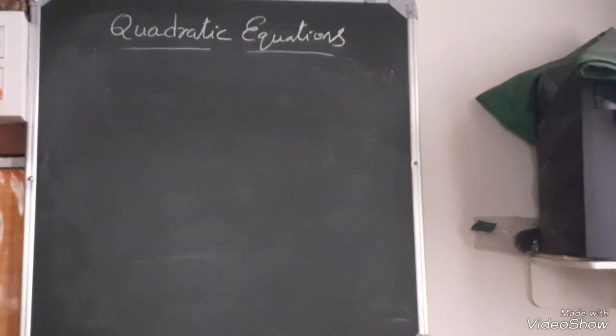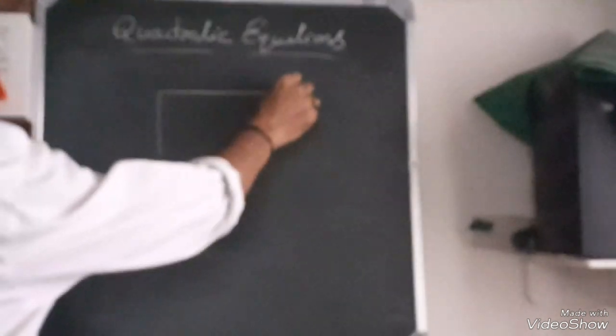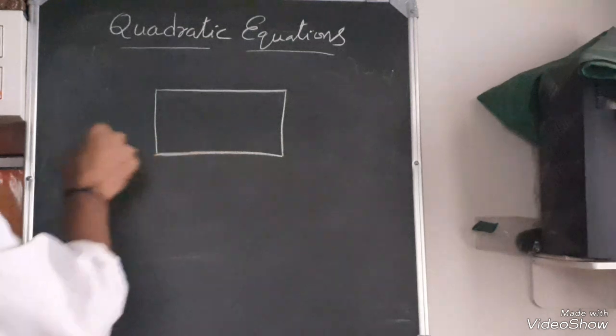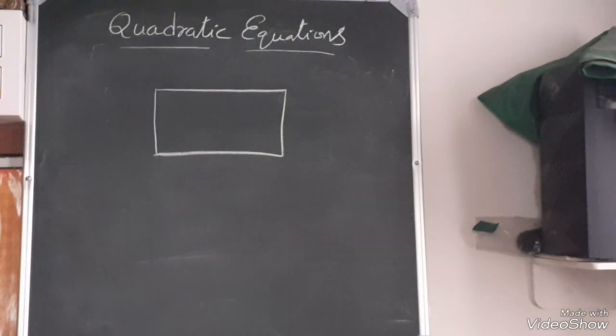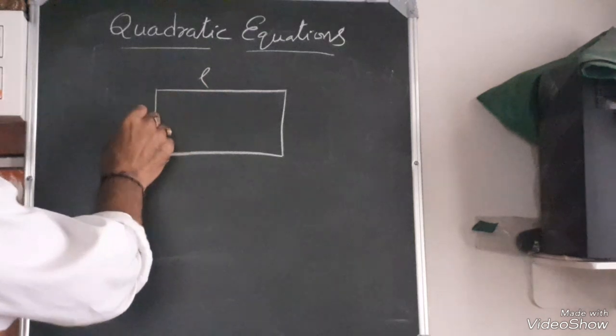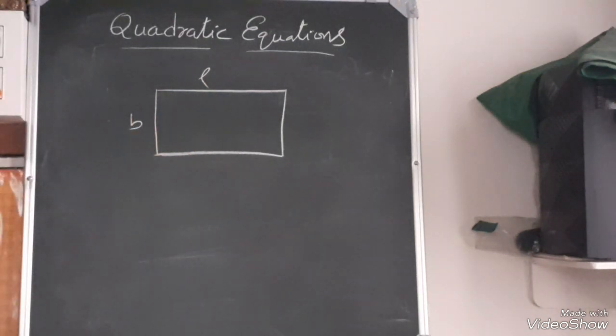Now let us see what is the use of the quadratic equation. What is the necessity to generate a quadratic equation? So let us see one example. Suppose this is a rectangle. Here we know this is length and this is breadth. We have a relation between length and breadth.